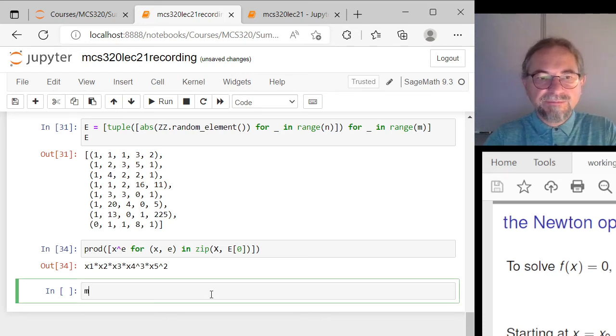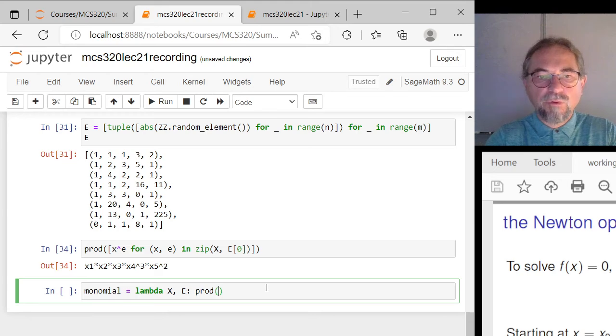Alternatively, now that this works, let me define a helper function. Monomial will take on input an x and an e, and it will codify the product. So the product of the, and perhaps I should work with capital letters.